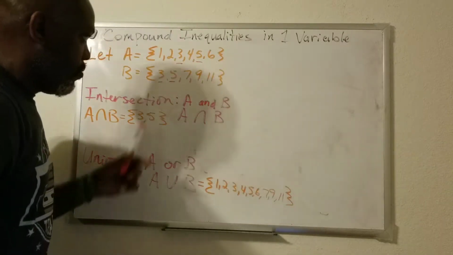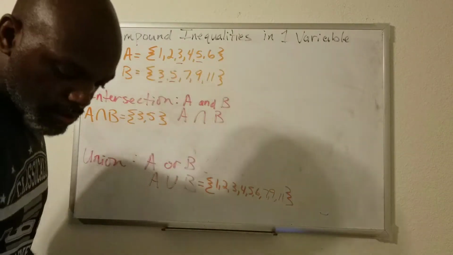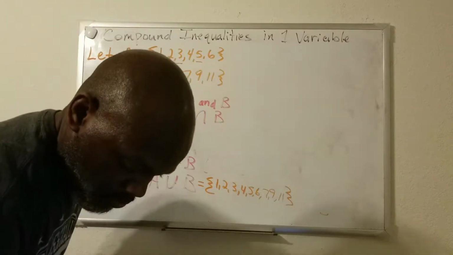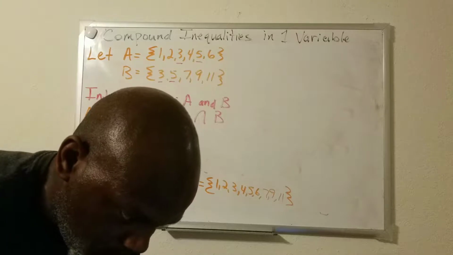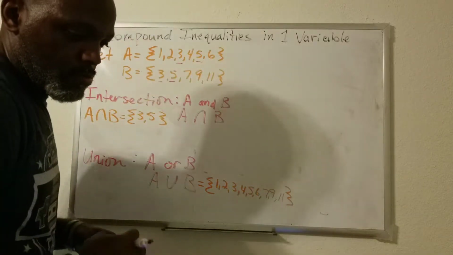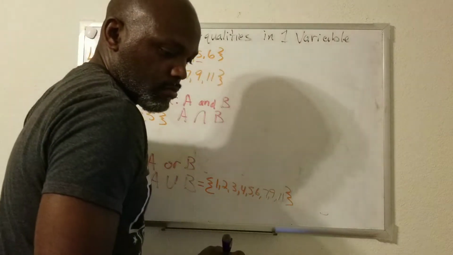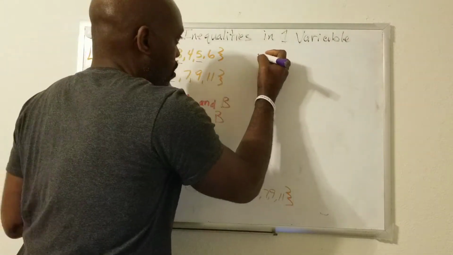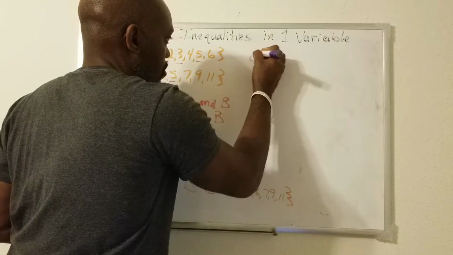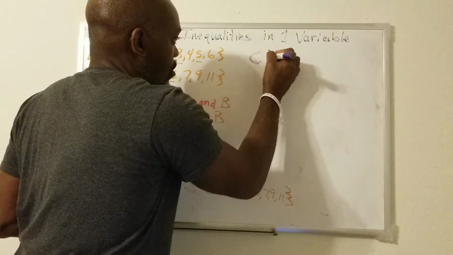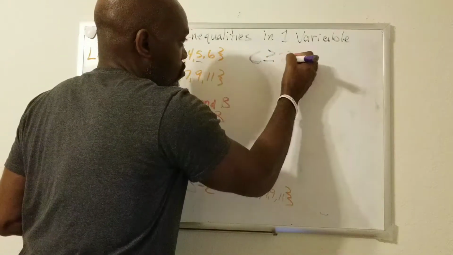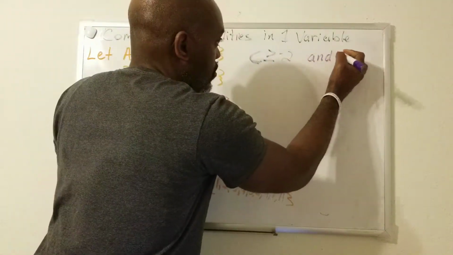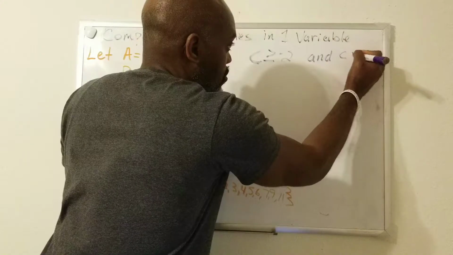All right, I'm going to keep this information here so you can see what we're doing. So let's say that we have C is greater than or equal to -2 and C is less than 4.